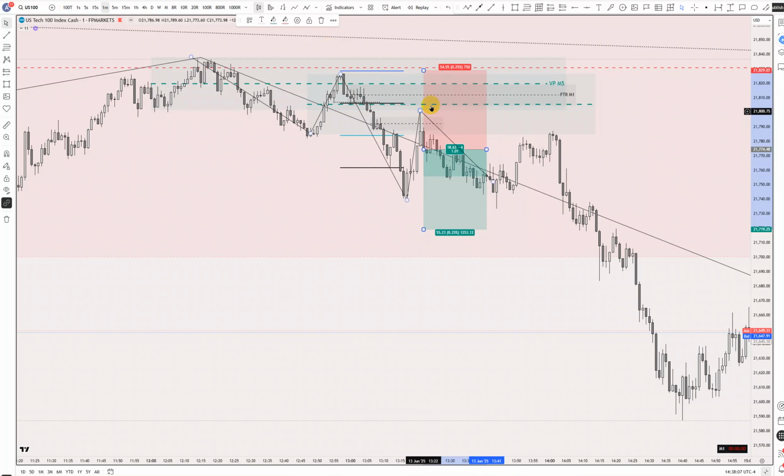But here itself is protected. Is it possible that we put our stop here and price comes and takes us out? Yes, of course. That is the risk that we're putting on the table, right? So is it possible that our stop gets hit multiple times? Yes, of course, it is possible. There is no holy grail, but the holy grail is accepting your losses, right?